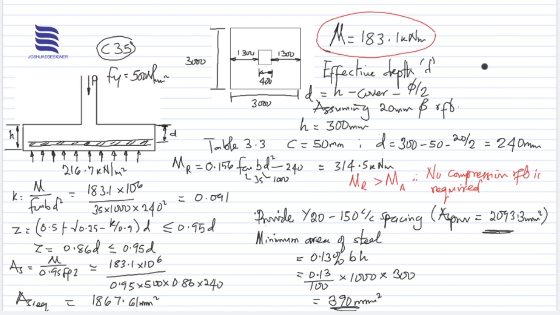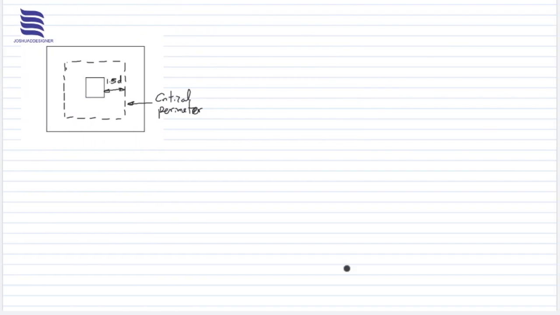So lastly, to obtain the punching shear, which is actually very important so that you'll be sure the concrete section will be sufficient to support the load without punching failure, we want to check for the critical punching shear.